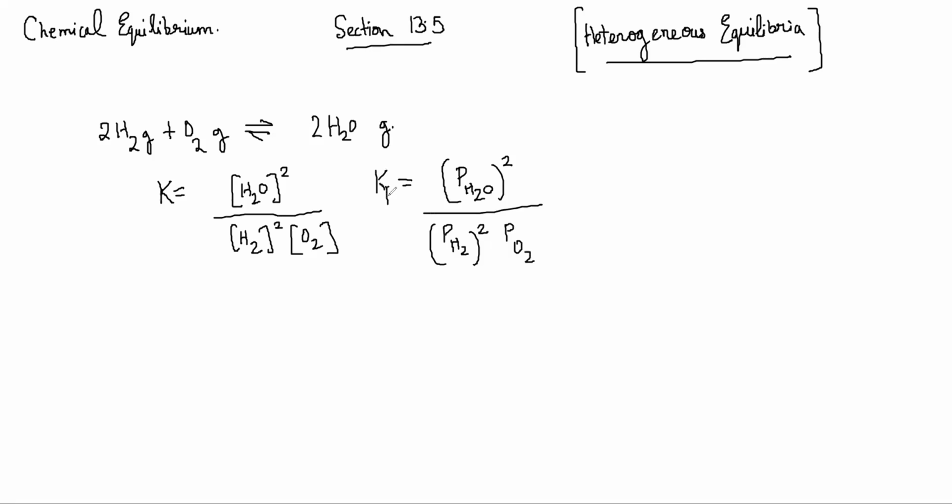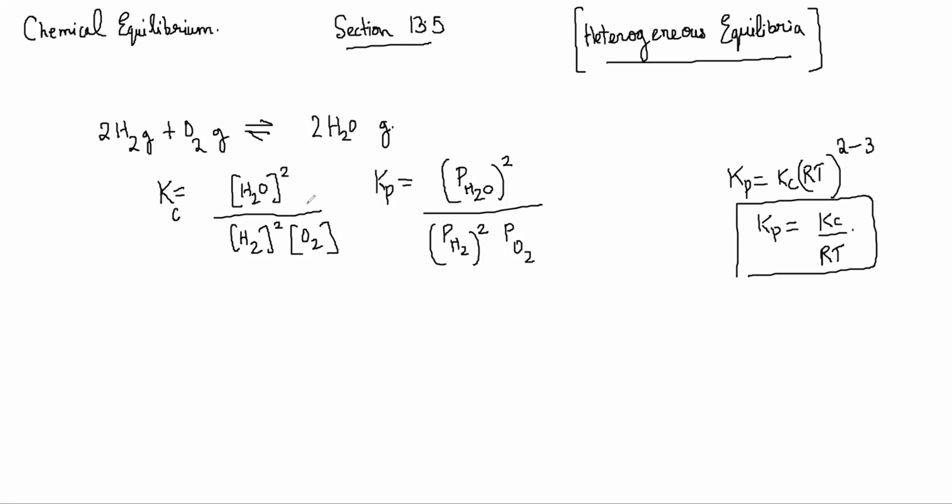That is your Kp. This is your Kc. There is a relation between them that is obvious. Kp is equal to Kc (RT) to the power del n. Del n here is 2 minus 3. So Kp is equal to Kc by RT.